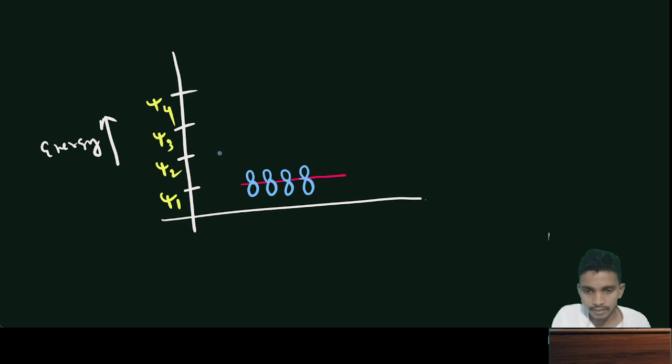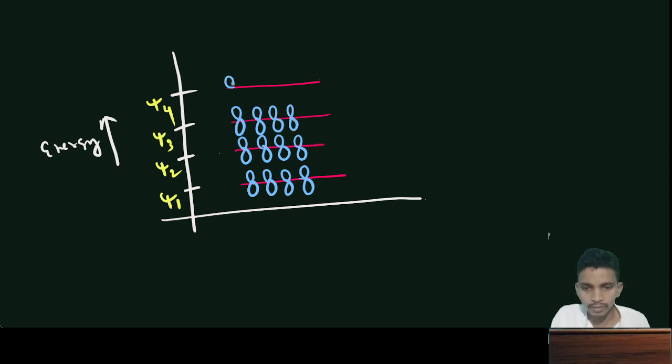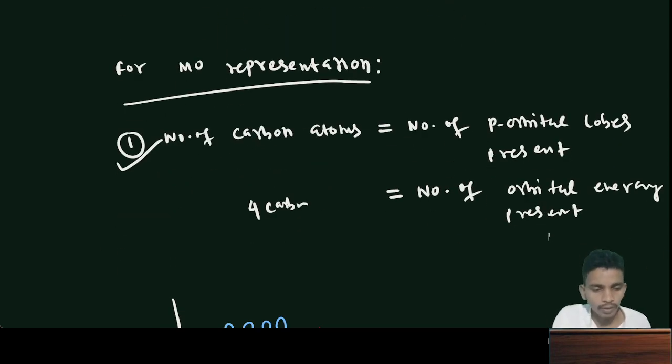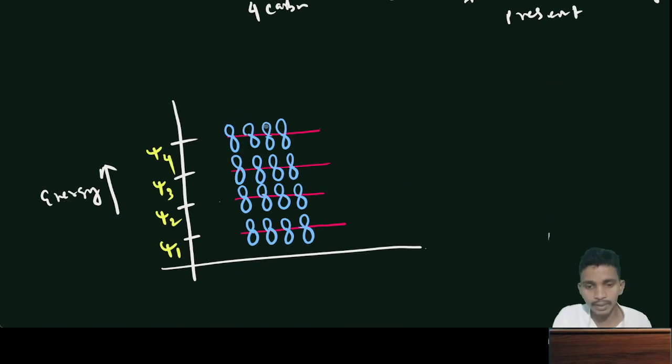Because we have 4 carbon atoms, there are 4 p orbital lobes. So by looking at the carbon atoms, we draw up to this.